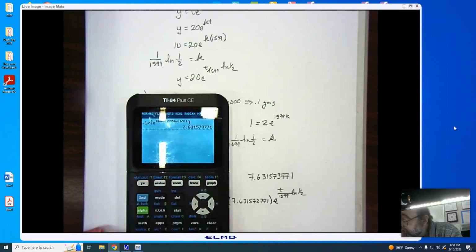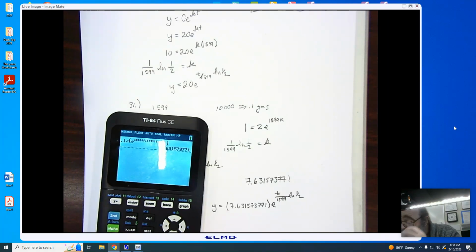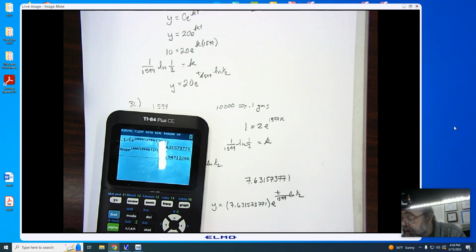Alrighty, so let's go ahead and plug in 1,000 years. Now keep in mind, I can do second enter to get that last answer, then do times e to the power of, and I have 1,000 divided by 1,599 natural log of 1 divided by 2. Enter.